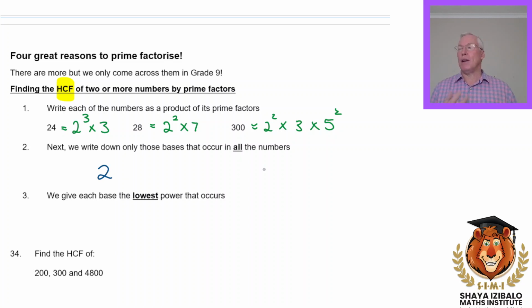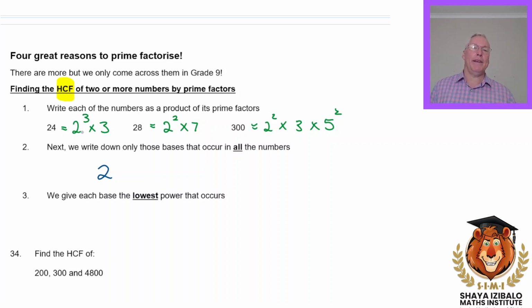So 2 will be a common factor. Now, let's look at 3's. A number which has got a 3 in will divide into this number and into this number, but not into 28. So we cannot include 3. We also can't include 5, because 5's not in this one, and we also can't include 7.